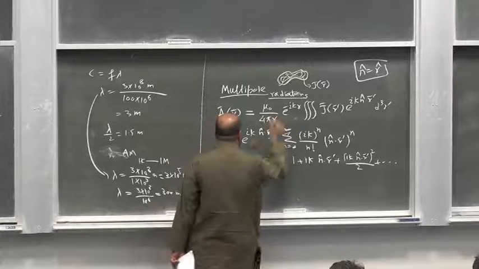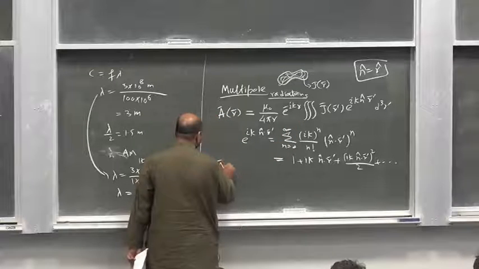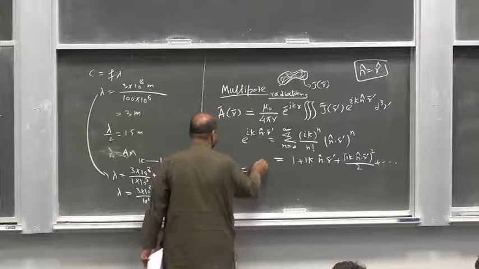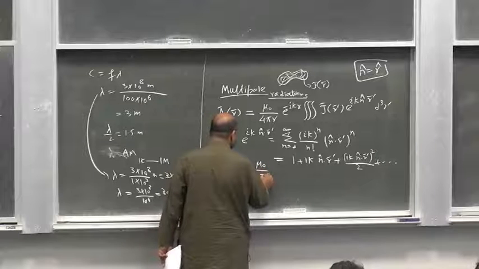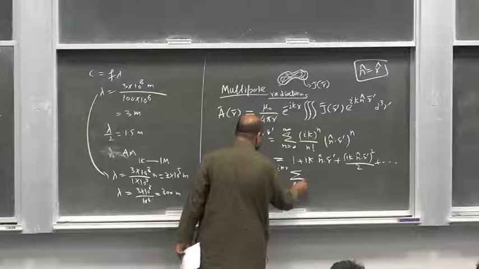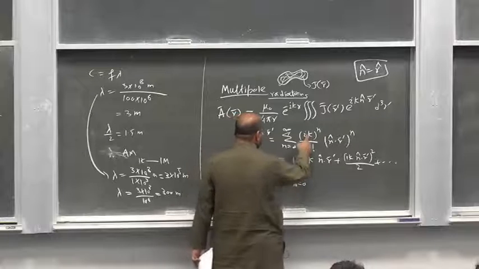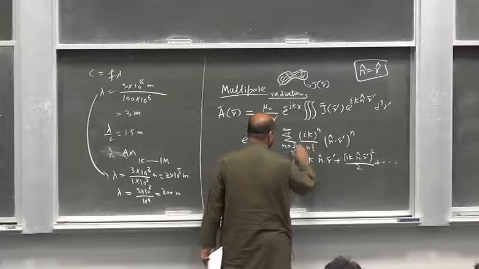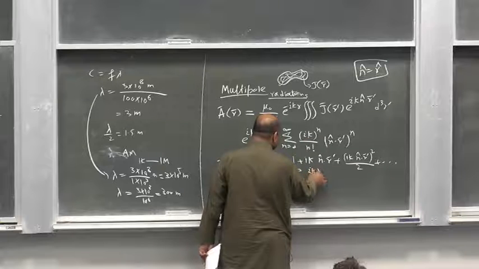So if we substitute this here, the potential in the far field becomes a sum over n. Now this is independent of r prime, so I can take it out of the integral.